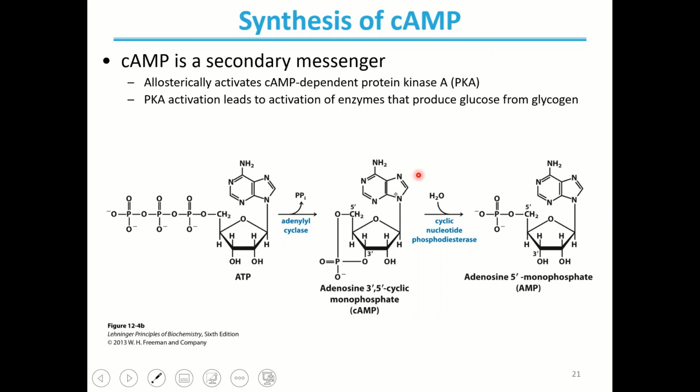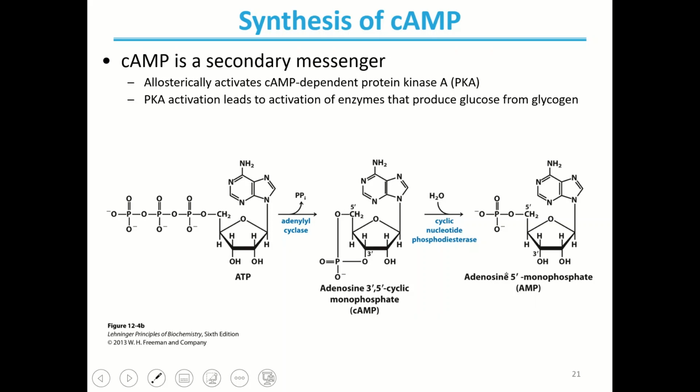This stays active until another enzyme known as a nucleotide phosphodiesterase cuts that bond here at the 3', and then that gives 5' AMP. Cyclic AMP is a secondary messenger, as we mentioned.